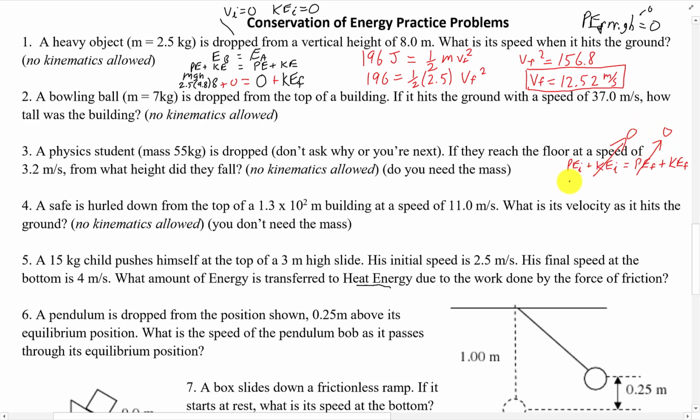So mgh is equal to 1/2 mv squared. Now, they're not equal in general. They're equal in that the initial potential energy is equal to the final kinetic energy. What the potential energy is when it begins is what the kinetic energy is when it ends.